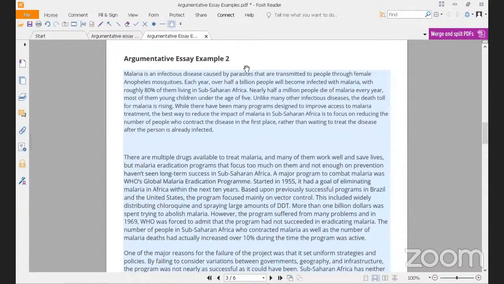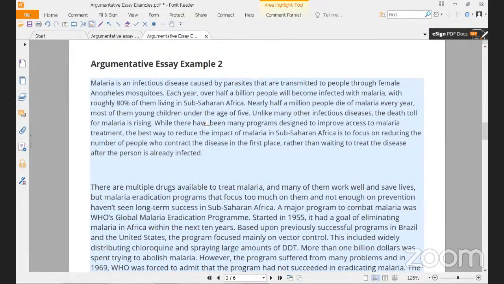Okay, guys. So let's take it from here. Before we get deeper into this analysis, where is my main idea in this second lesson? Where is it? Can anybody tell me? Where is my thesis statement?